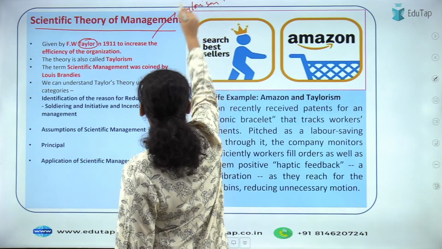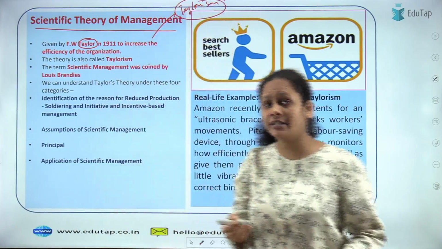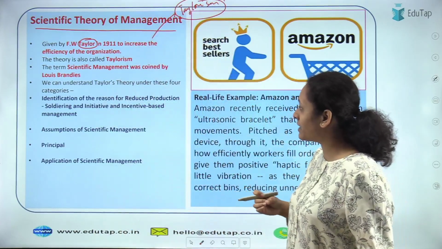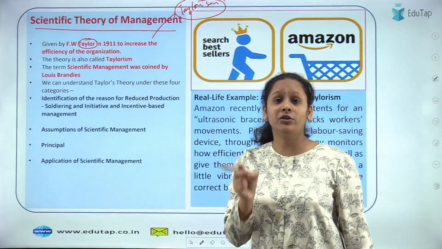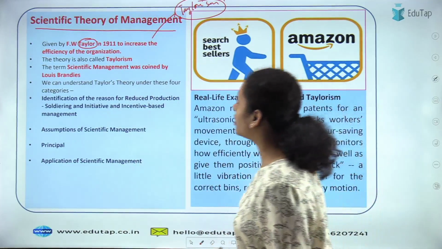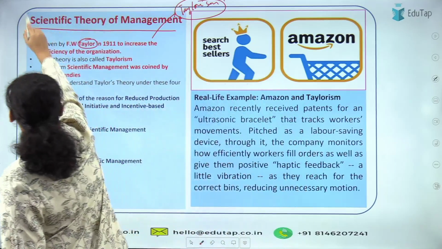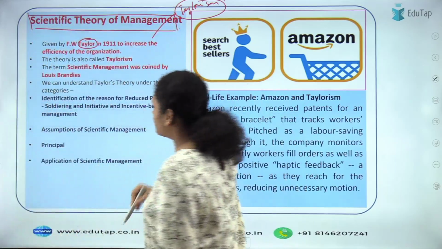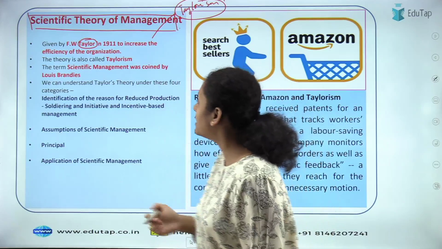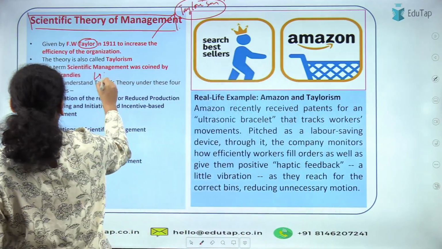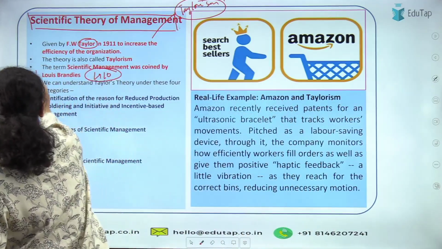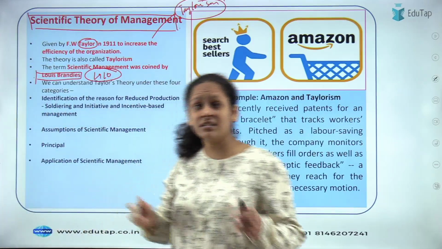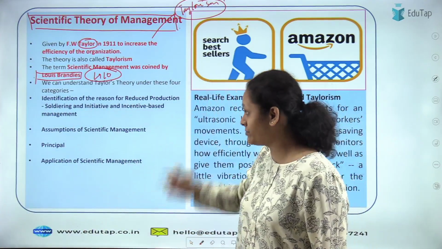But even though Taylor is known as the father of scientific management theory, Taylor did not coin the concept called scientific management. Who coined the concept of scientific management? In 1910, Louis Brandeis coined this term called scientific management.